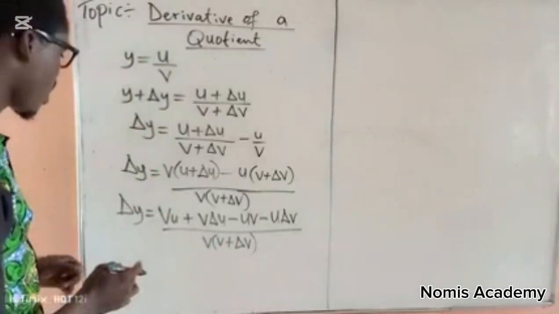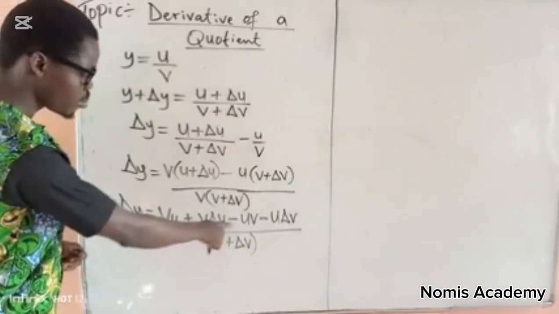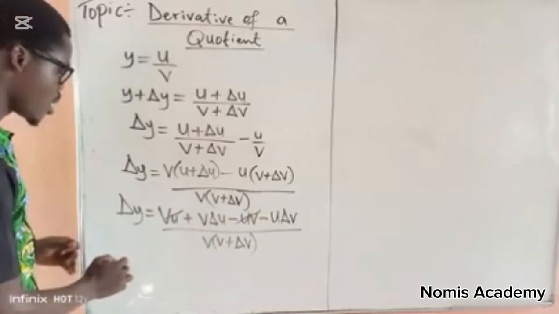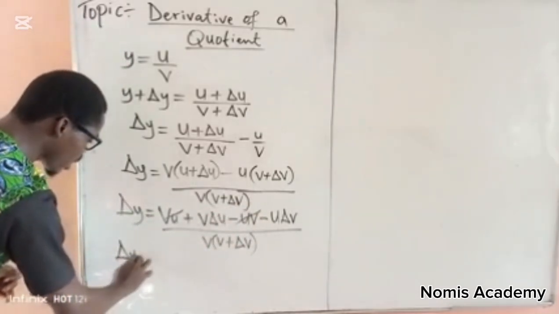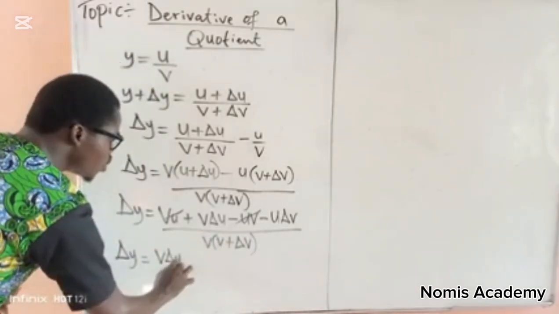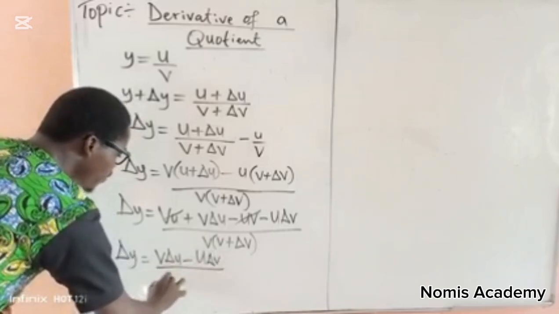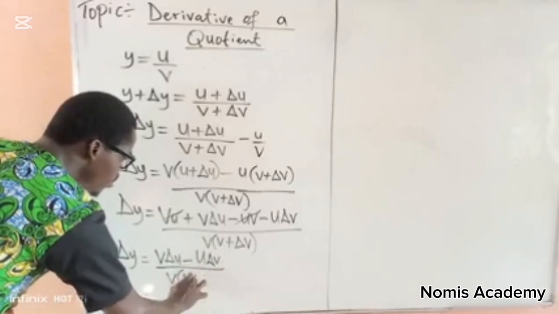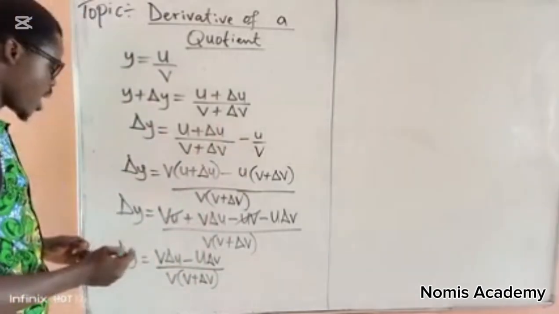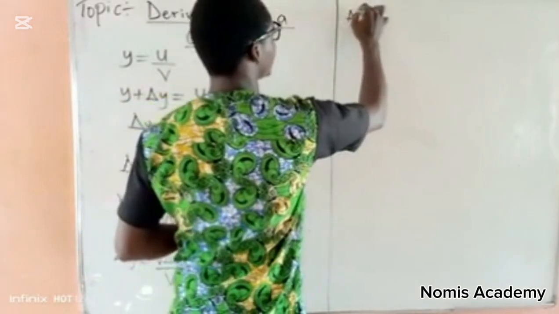As you can see, vu minus uv are like terms, so we can easily cancel them out, and then we are left with delta y equal to v delta u minus u delta v all over v into v plus delta v. So let's go to the other side, and then we are going to divide through by delta x.